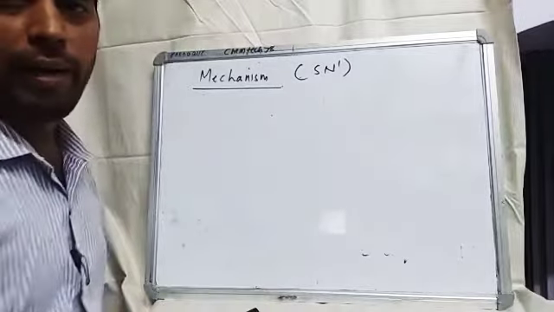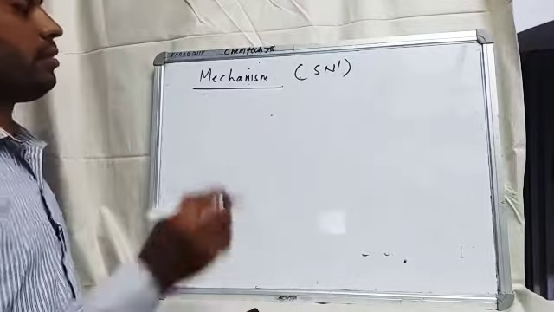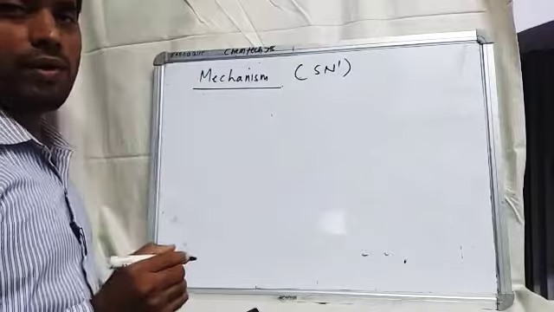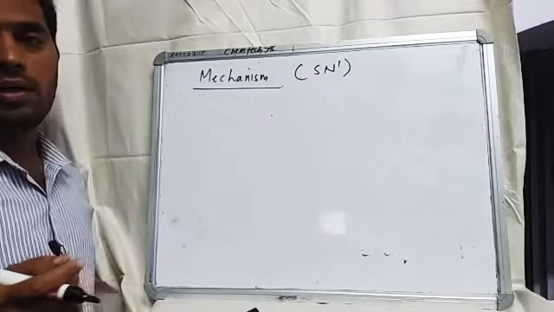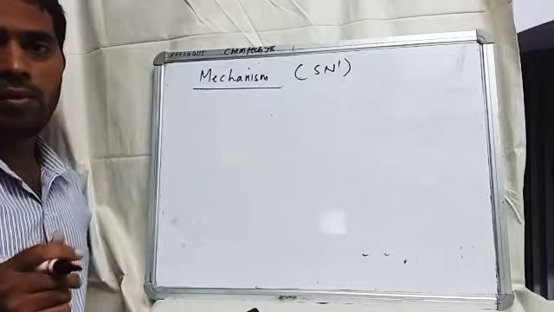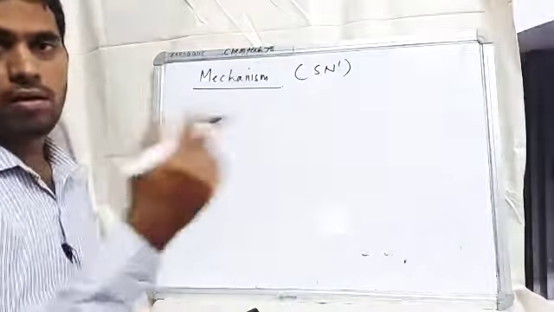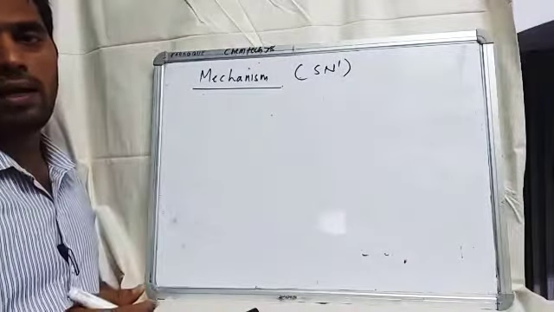Now, the mechanism of the SN1 reaction. Just now I have told you that tertiary butyl bromide is converting into tertiary butyl alcohol.